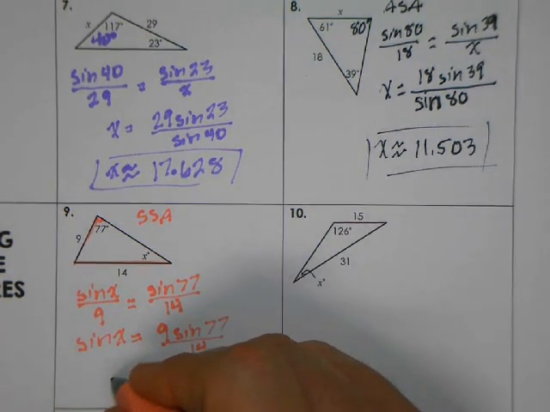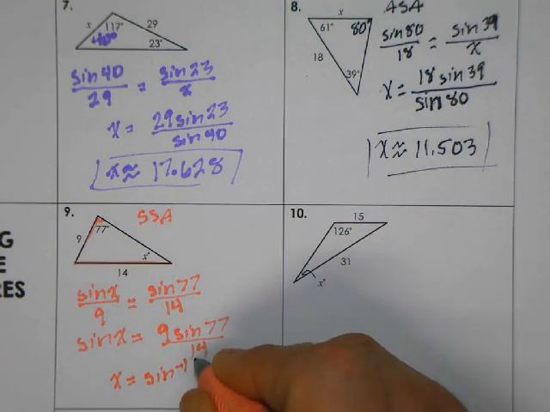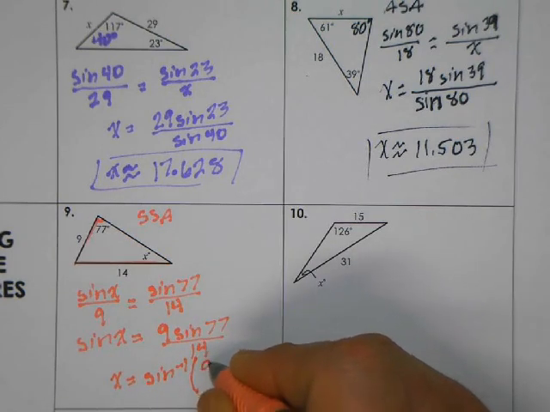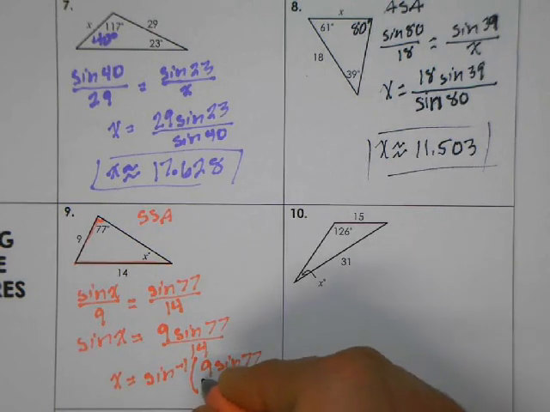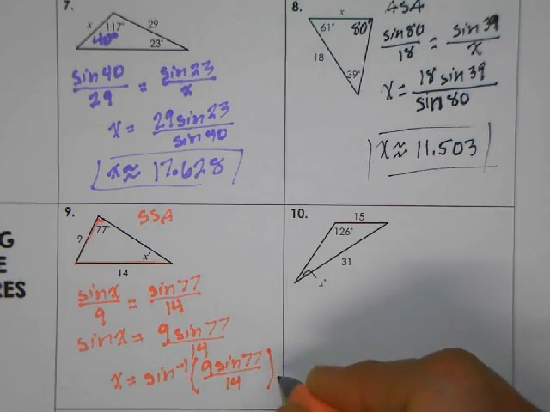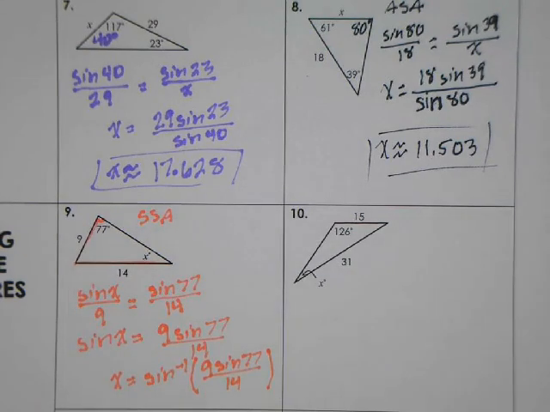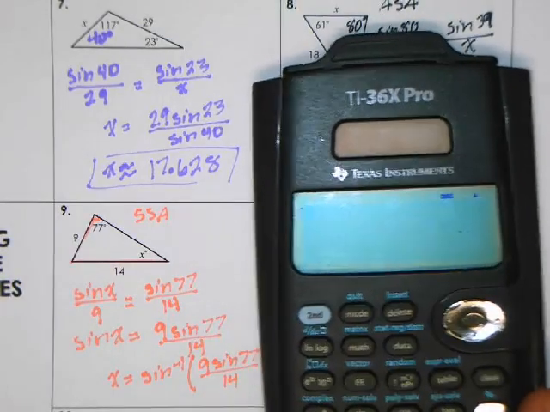So here I'm going to say x will be equal to the inverse sine of that whole expression, 9 times the sine of 77 divided by 14. And going to the calculator here to show you how I'm going to type it in. Okay.